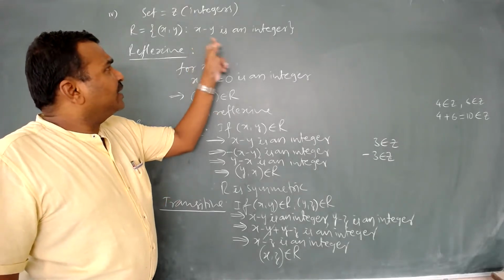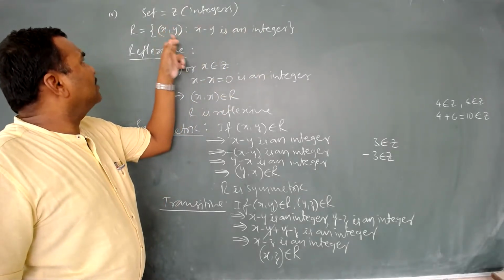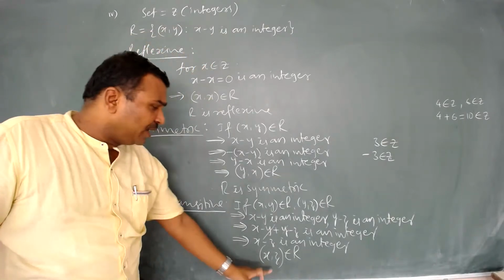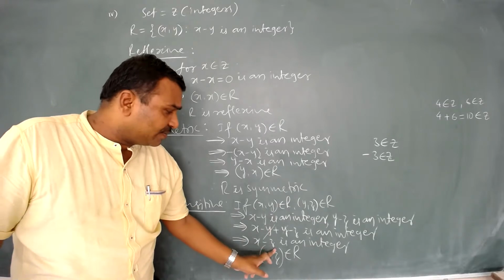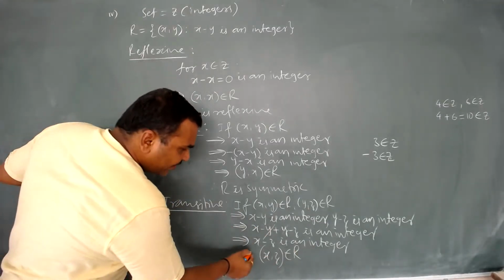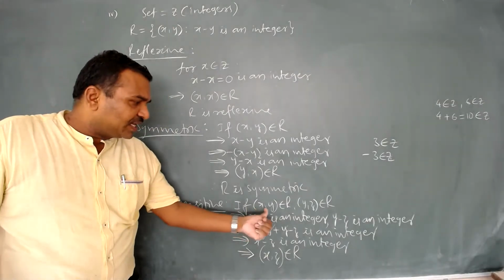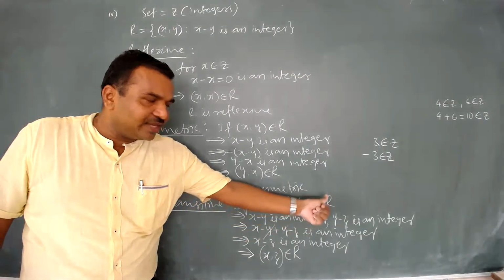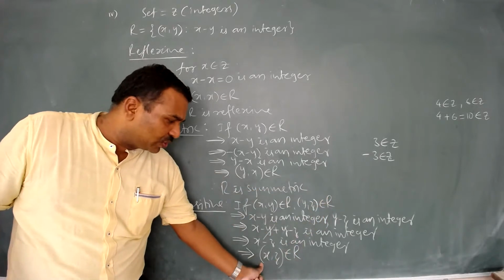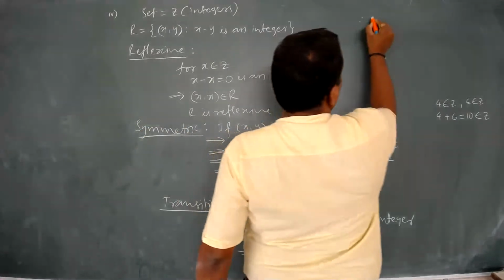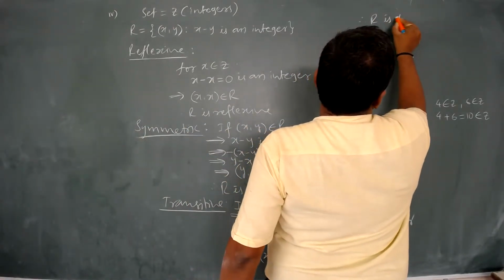So if x minus y is an integer, then x comma y belongs to R. Here in place of y, what is there? Z. So x minus z is an integer, so directly we can write x comma z belongs to R. First we took x comma y belongs to R and y comma z belongs to R; now we proved x comma z belongs to R. Therefore, R is transitive.